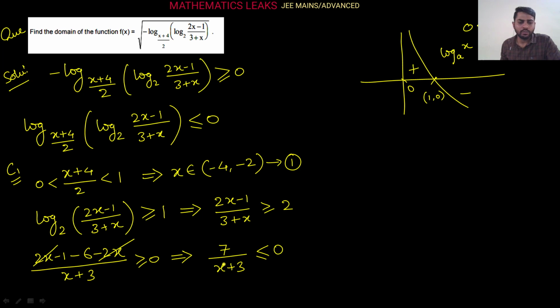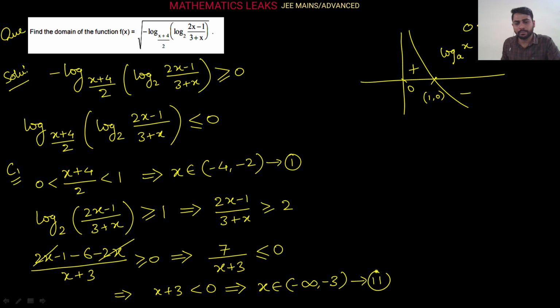It will be less than 0 when the denominator is negative, because the numerator is positive. So x+3 must be less than 0. From here we get x belongs to (-infinity, -3), right?